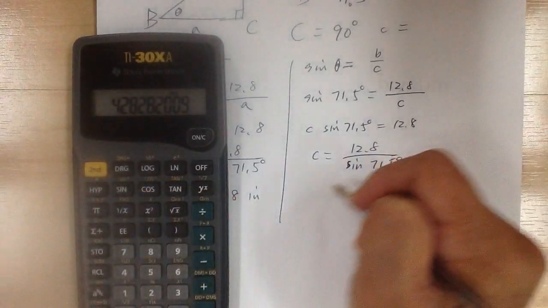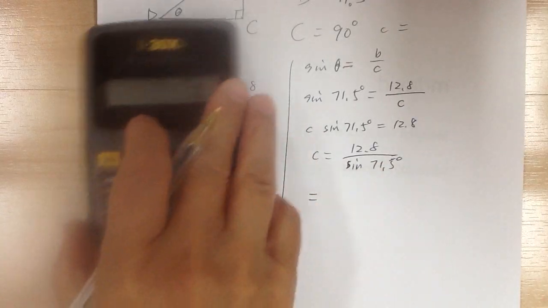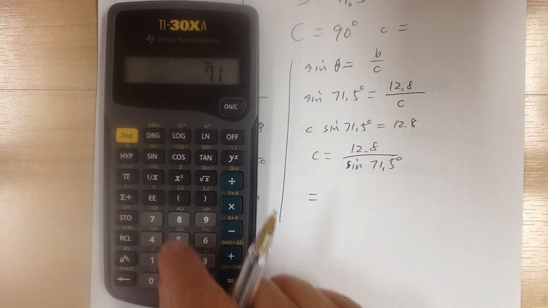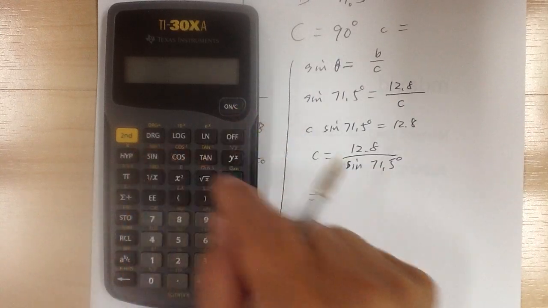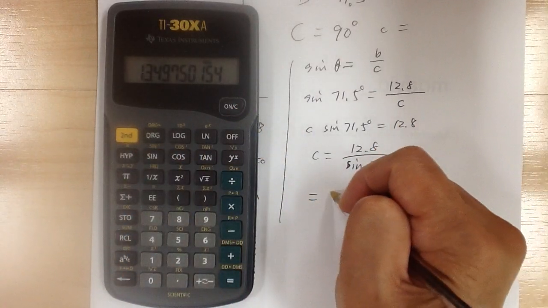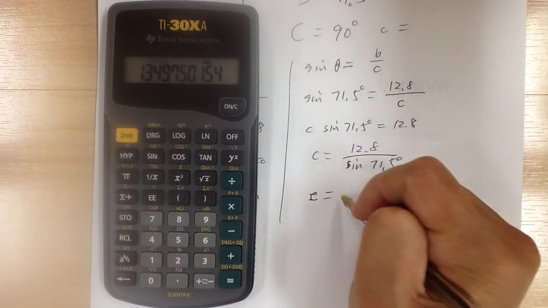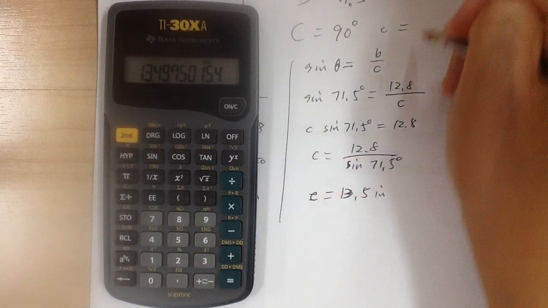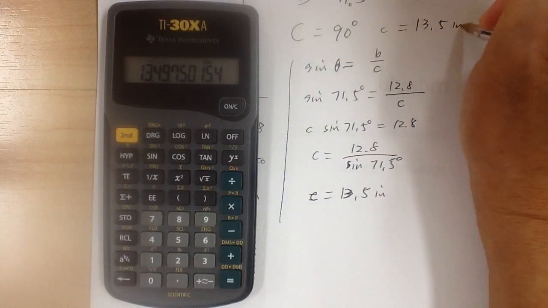Then use the calculator. 12.8 divided by sine of 71.5 degrees equals 13.5 inches.